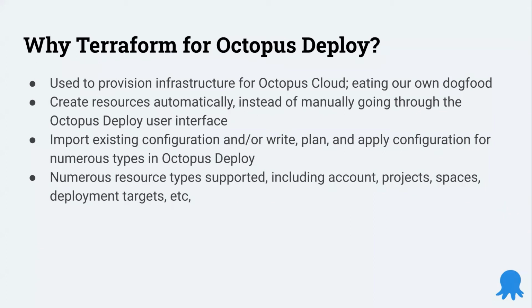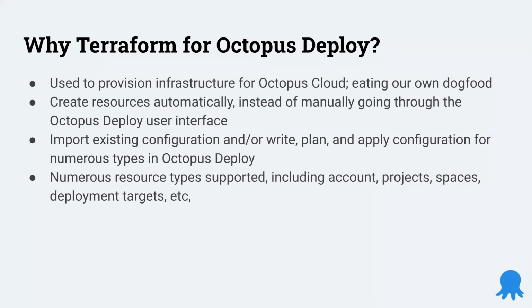So the Terraform provider for Octopus Deploy allows you to create resources automatically. It allows you to create all kinds of things, which we'll see, things like accounts, etc. It allows you to define your configuration and then provide the series of steps that Terraform talks about a lot: write, plan, and apply configuration for all those types that we expose in Octopus Deploy.